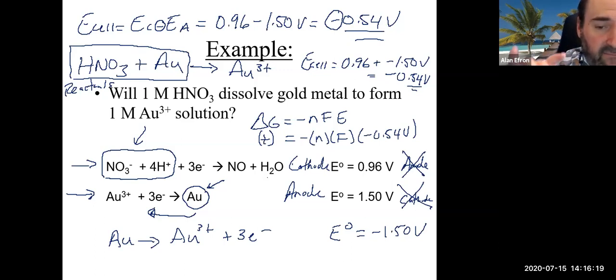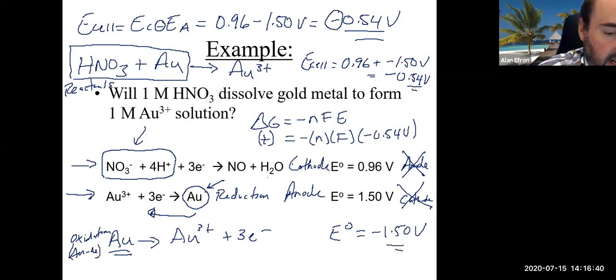Because we have to flip it, it no longer is a reduction reaction. This is a reduction reaction. When we flip it to get this guy on the right side, it now becomes an oxidation reaction, or the anode, if you will. And because we did flip it, technically speaking, the E value that goes with it would be that guy.